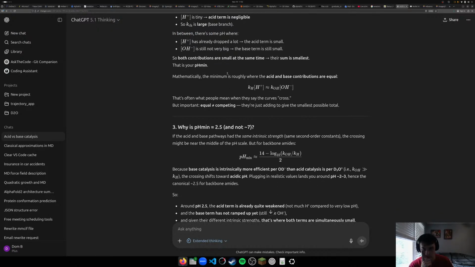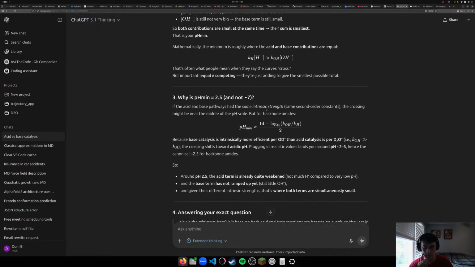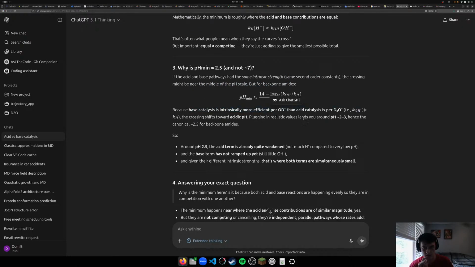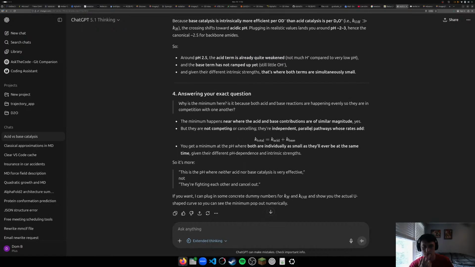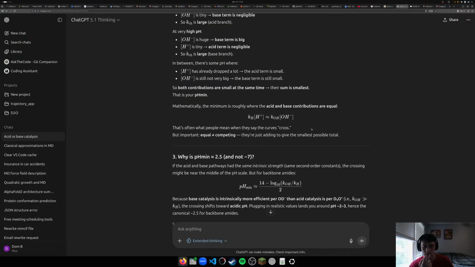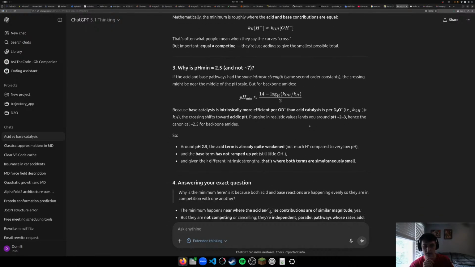I'll ask my professor about this, honestly. If acid and base pathways have the same intrinsic strength, the crossing might be near the middle, but base catalysis is intrinsically more efficient than acid catalysis.